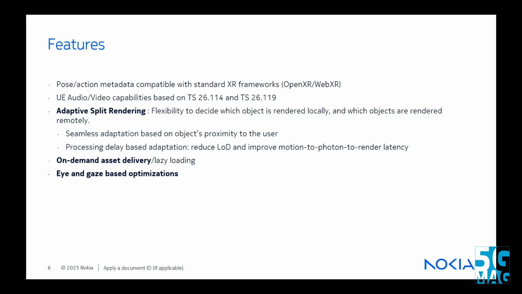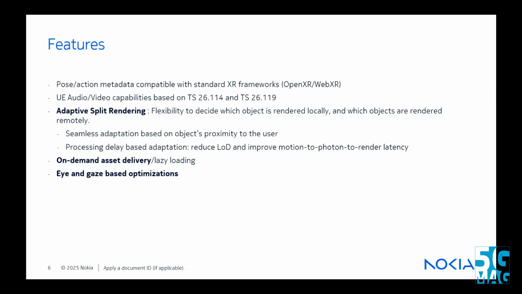But we have this seamless adaptation based adaptive split rendering, where you can use the object's proximity to the user to dynamically decide where an object should be rendered. So it could be locally or remotely, depending on if the object is closer to the user.